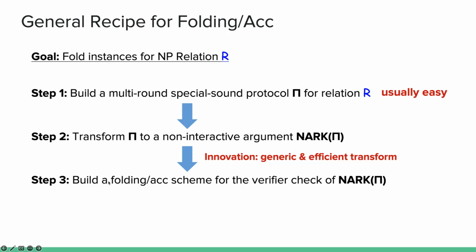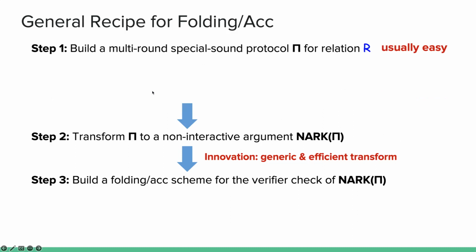However, this is actually not enough, because we still suffer from the same drawback of Sangria, where the complexity of the prover for high degree gates is large. So given that, we need to add one more step in order to make it efficient for high degree gate support.